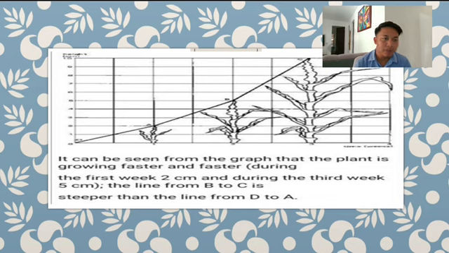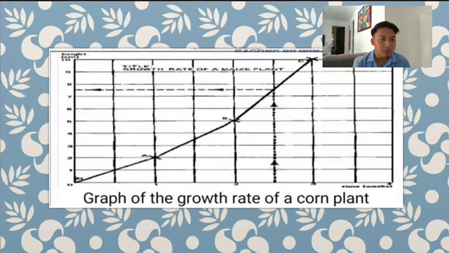Now take the reading of 7.5 centimeters, which means the plant had a height of 7.5 centimeters after 2.5 weeks. This is the graph of the growth rate of corn plants per week. This height has not been measured in reality, but with the graph, the height can be determined anyway.